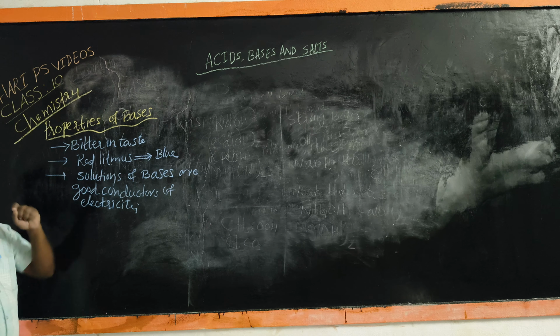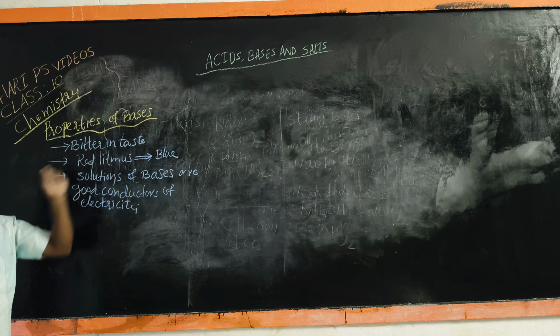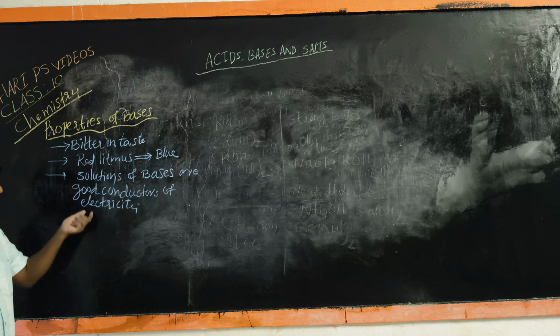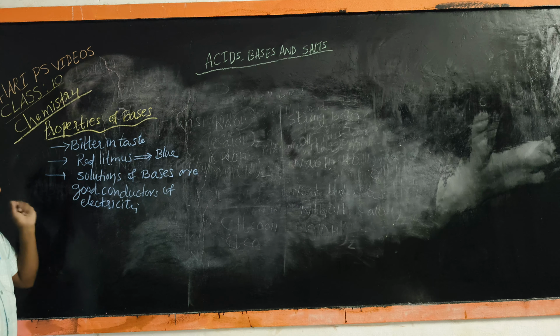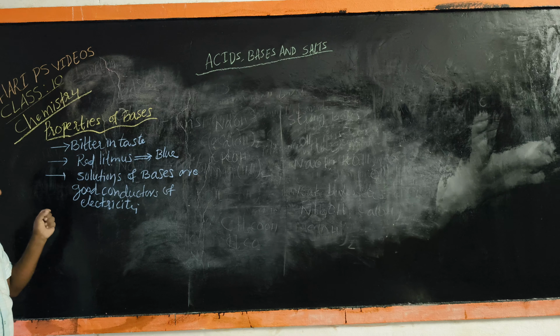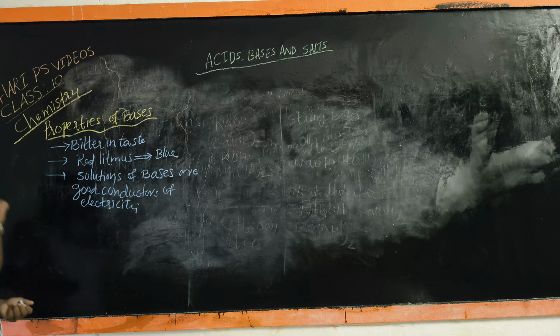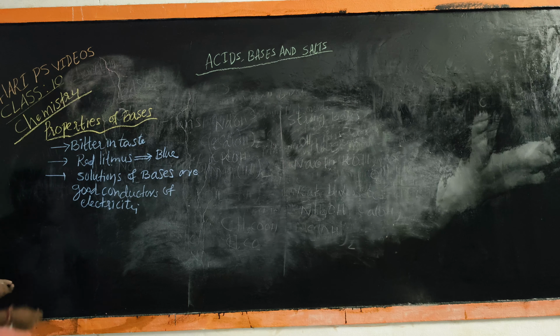So they are bitter in taste, they change red litmus into blue litmus, and their solutions, alkalis or electrolytes, are also good conductors of electricity. So these are some of the physical properties.